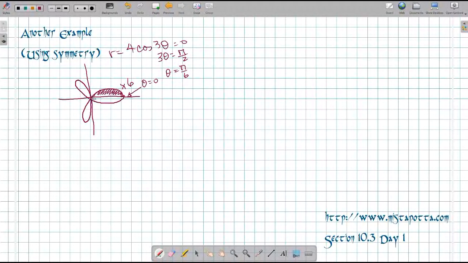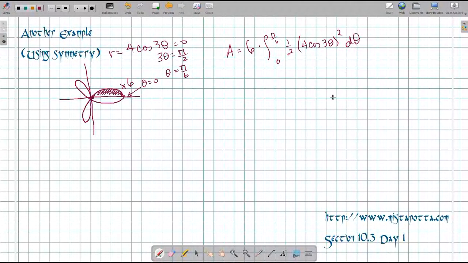That's going to be this point here for the first flower. So my area is going to be 6 times the integral from 0 to pi over 6 of 1/2 r squared d theta.